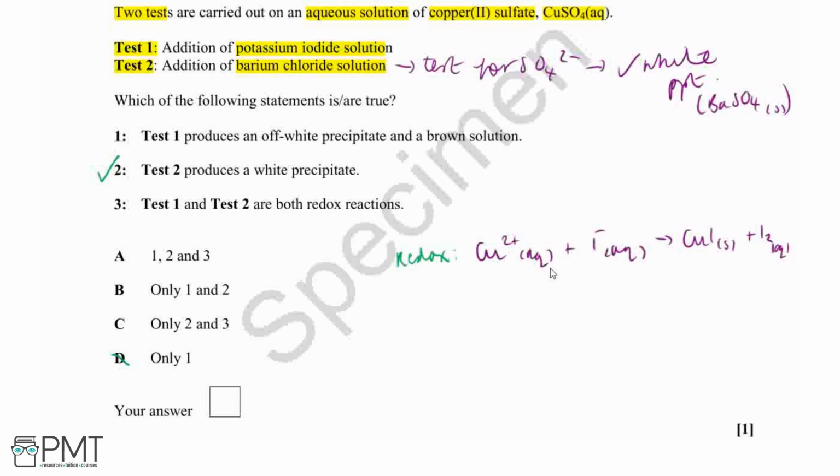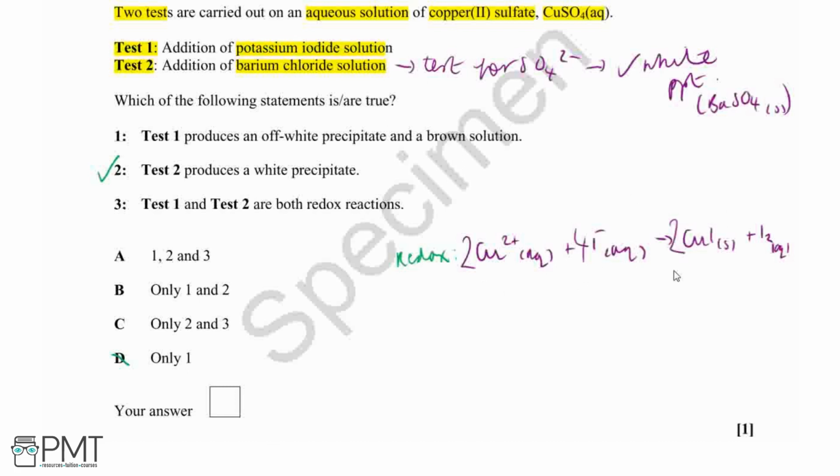So if I put a 2 in front of the copper 2 plus, and therefore a 2 in front of the copper iodide, because those coppers have got to be equal, then now I can put a 4 in front of the iodides. So this means we've got 4 iodine atoms either side, and then our charges will be neutral on the right again, and then we've got 4 plus from the coppers, we've got 4 minus from the iodides, so therefore we've got neutral overall on the left-hand side now.